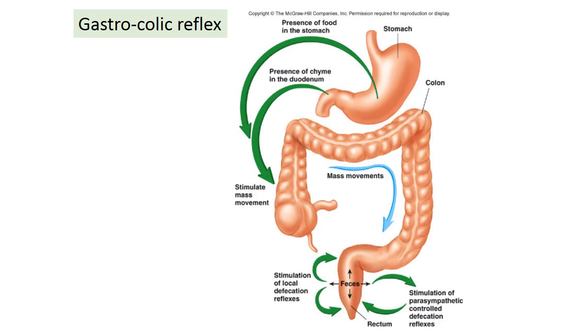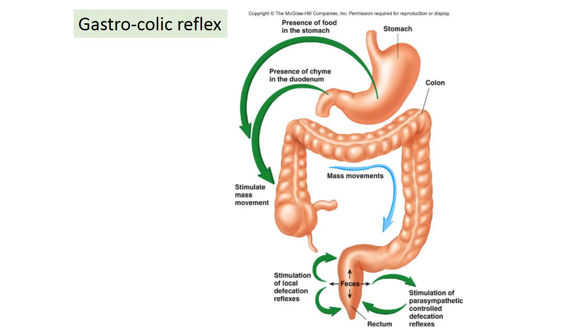This slide will illustrate the gastrocolic reflex. So it's showing you that you have the presence of food in the stomach and presence of chyme in the duodenum. So these structures within the alimentary canal will then send signals to the large intestine to stimulate the increased peristaltic or mass movements of the fecal material through the colon and towards the rectum.